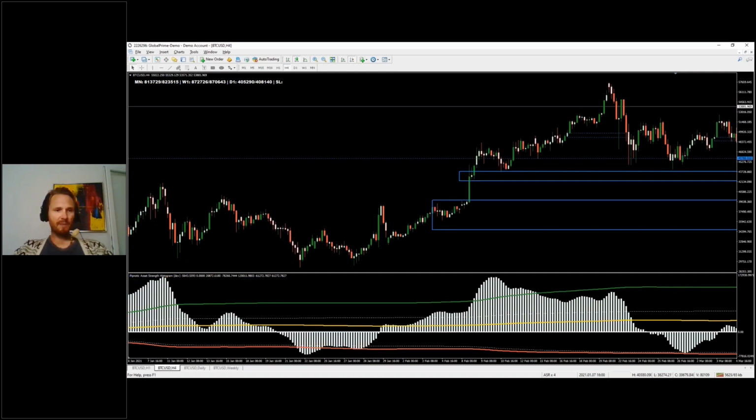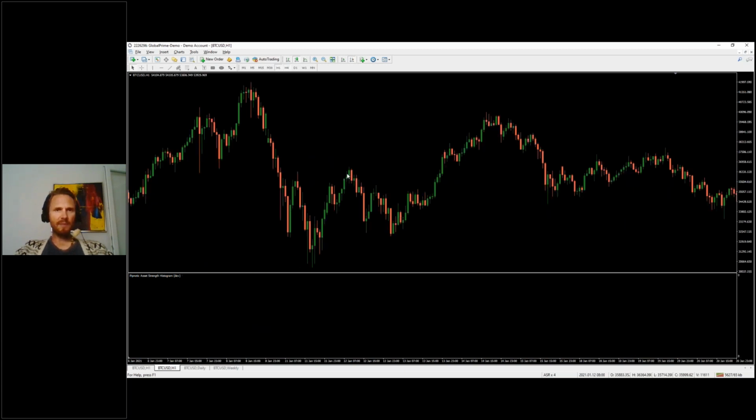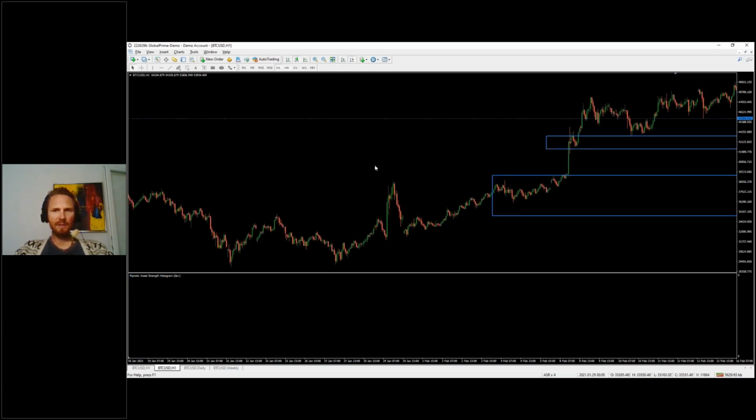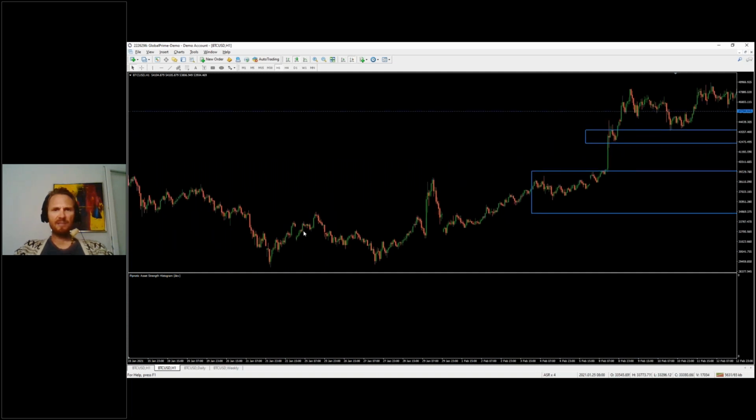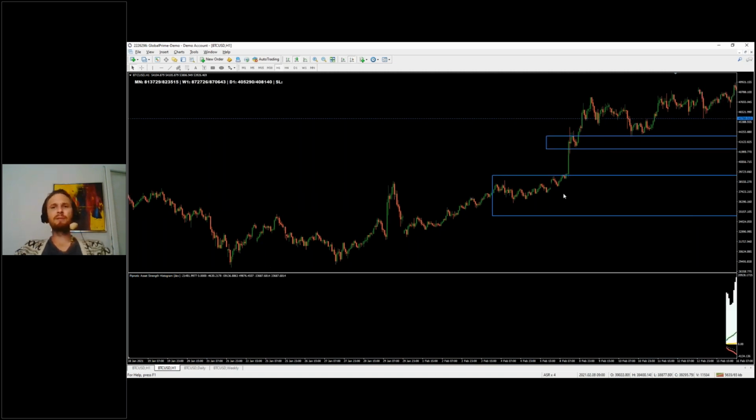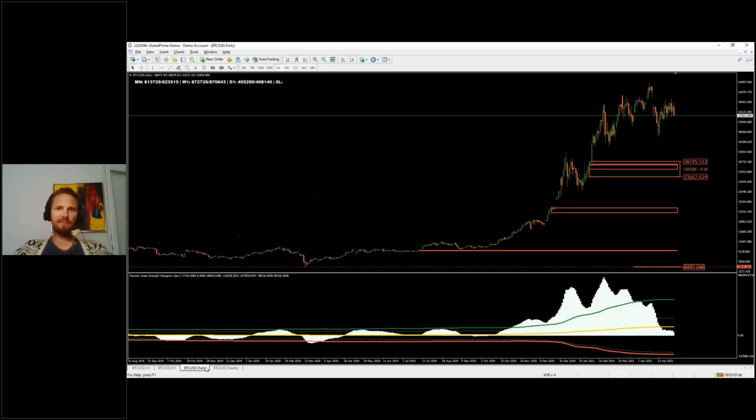But I would be keen around here. If we go into the hourly chart, maybe we can see a little bit more clarity. Yeah, see this? I don't like this when price goes up like that and then it breaks away. It looks nice on the daily chart, sure.